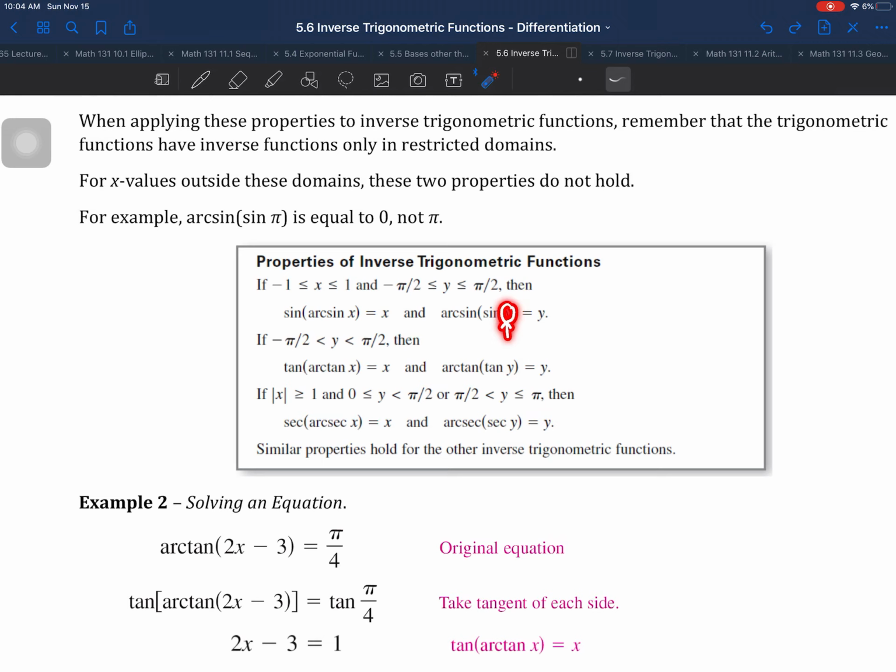Because that's all you can put in. It could be an angle in the form of degrees, or an angle in the form of radians. Either way, it's an angle because you're plugging it into the sine. You can only plug in angles into sine. So that means that when you plug in the angle, the end result will be a real number. But then when you apply the arcsine to it, it's going to give you back an angle.